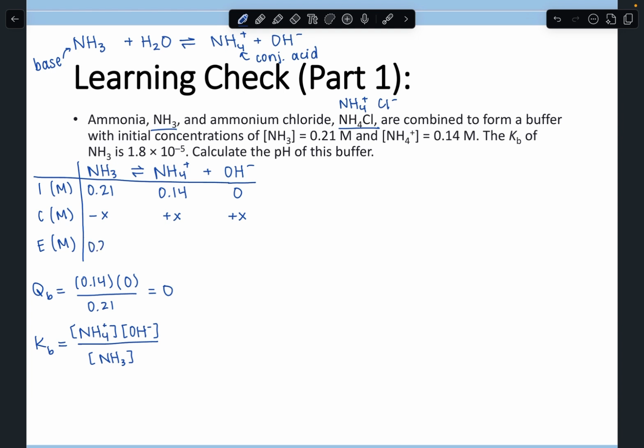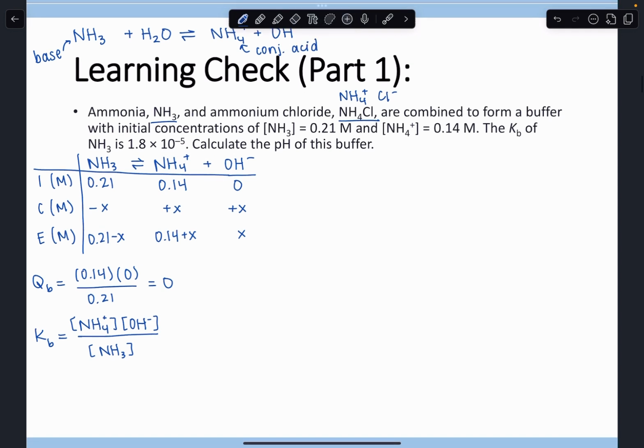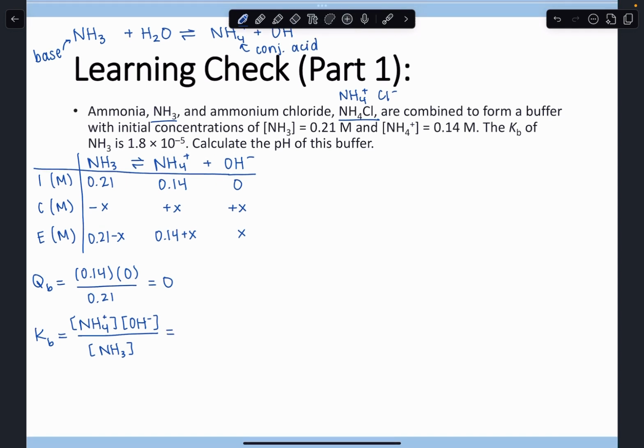So we have to solve these in terms of X. So this is 0.14 plus X times X divided by 0.21 minus X.